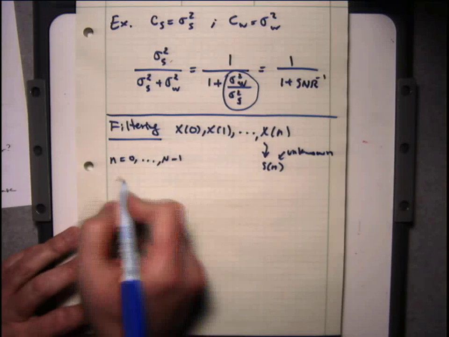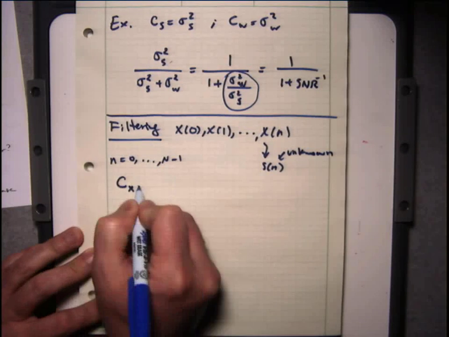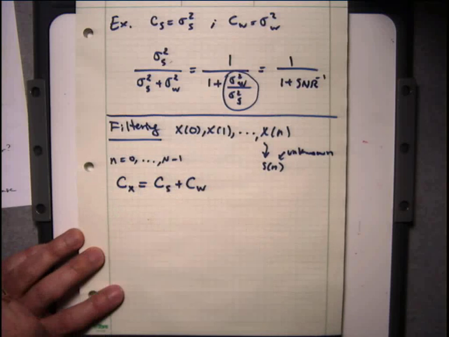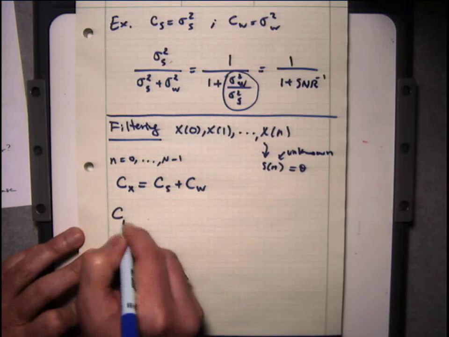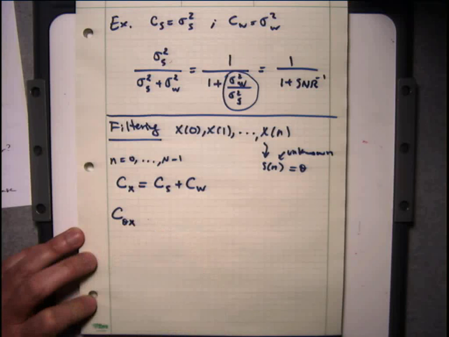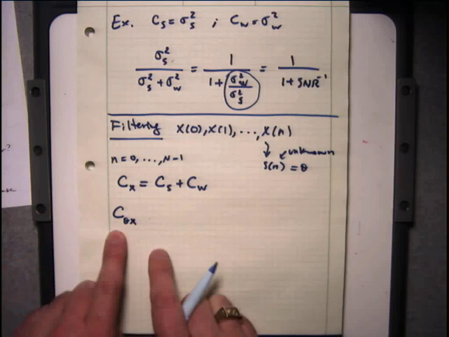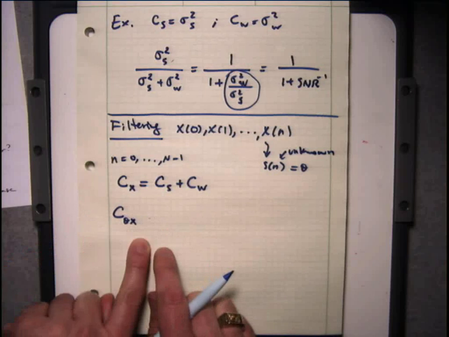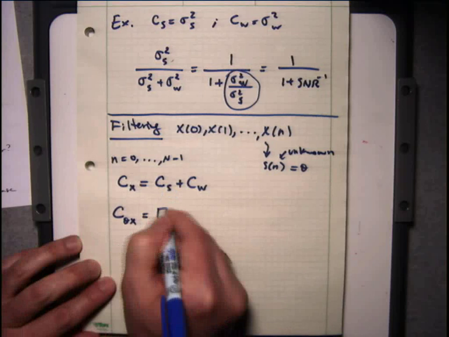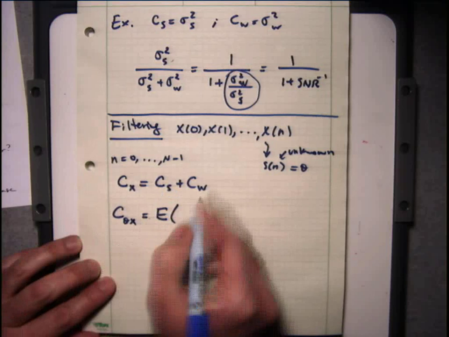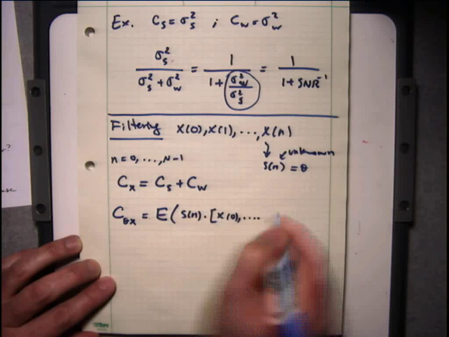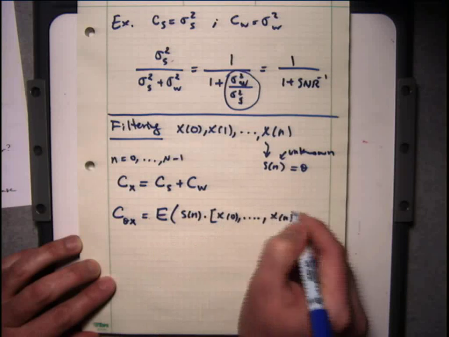Again, we have the same scenario as before, namely the covariance of x is the covariance of s plus the covariance of w. And this is our unknown parameter, c theta. Now if I compute c theta x, remember, in order to do the Bayes mean squared, I need to find the cross-covariance matrix between the unknown and the data. So this is the expected value of s of n times x of 0 through x of n.